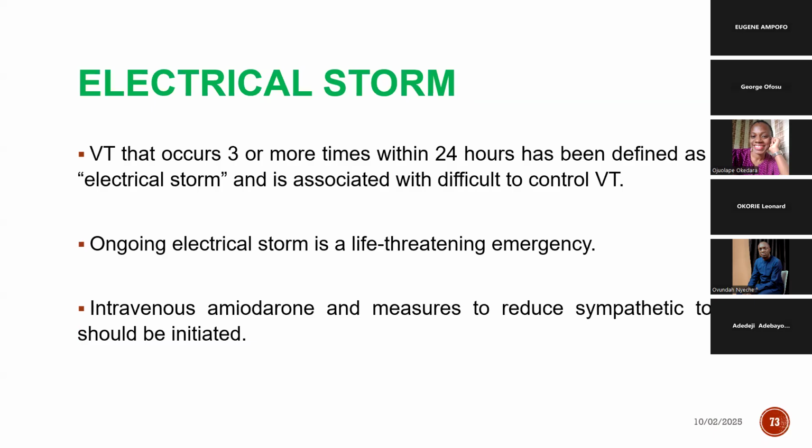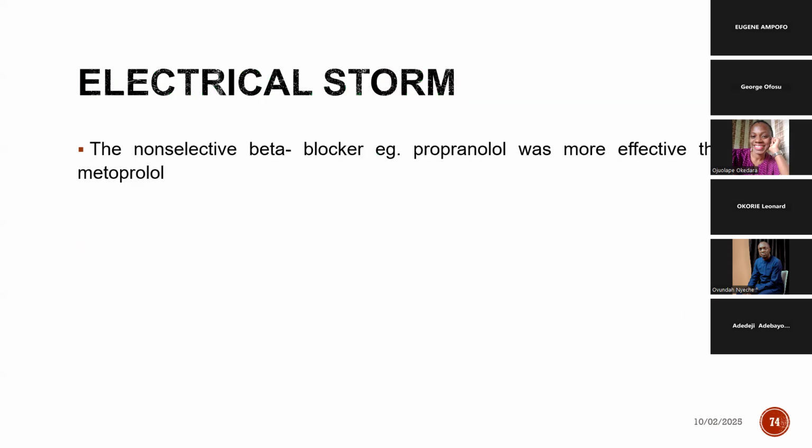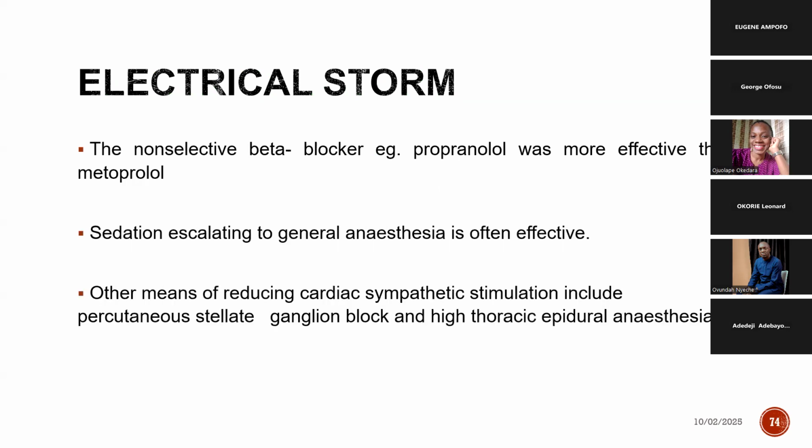So usually patients who have electrical storm will have increased sympathetic tone, and medications that can be used to reduce this sympathetic tone usually include non-selective beta blockers. And some studies have shown that propranolol is more effective than metoprolol when used under these circumstances.